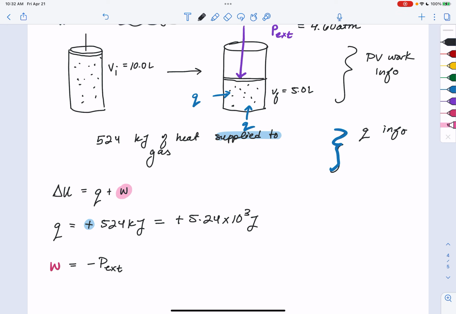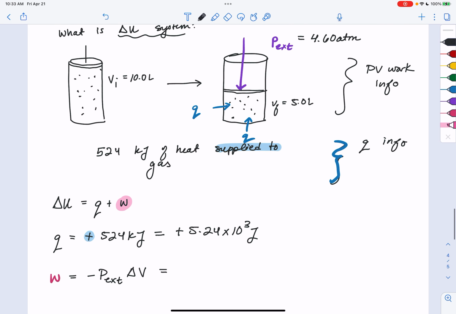That's why it's now negative P external, times the change in volume. So for us, we knew that the external pressure was our 4.60 atmospheres of pressure. So that's 4.6 times the amount of just regular atmospheric pressure.